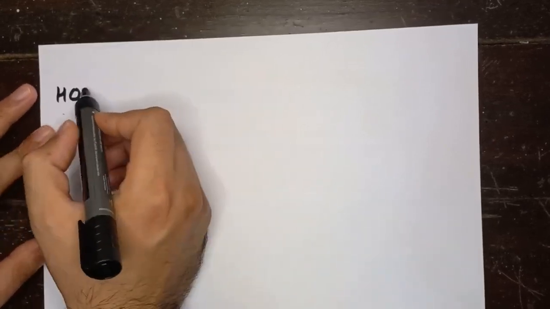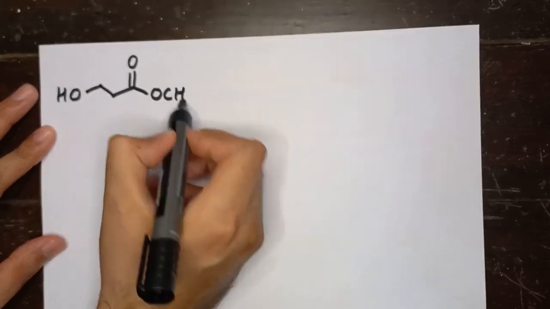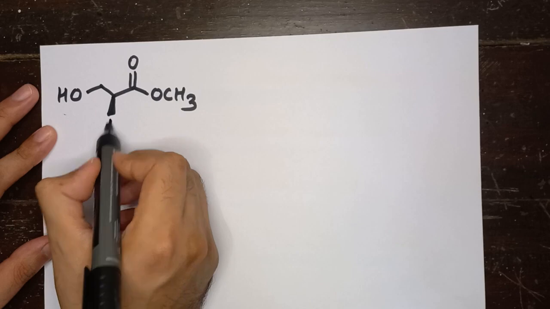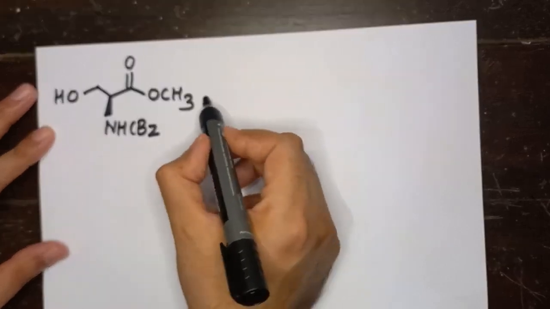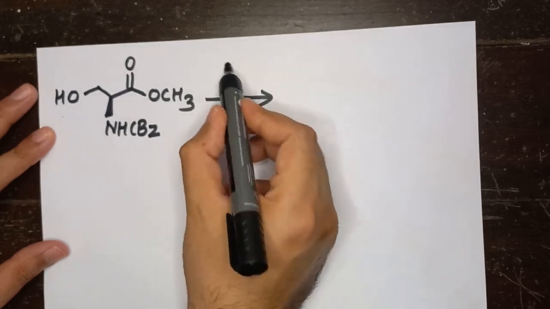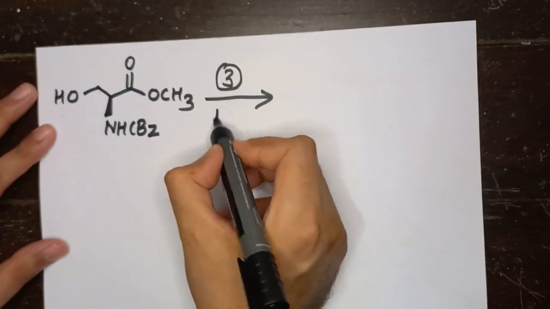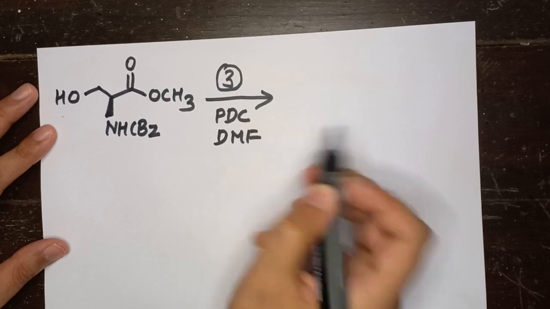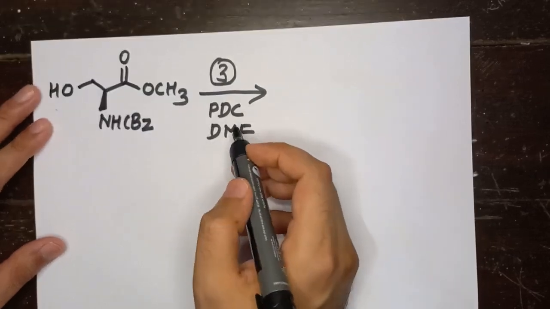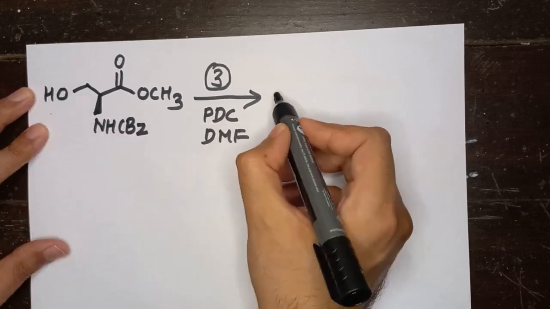Okay, so now we have, in third step, we are going to oxidize this primary alcohol using PDC in DMF. PDC is basically an oxidizing agent, and we will convert this primary alcohol into acid.